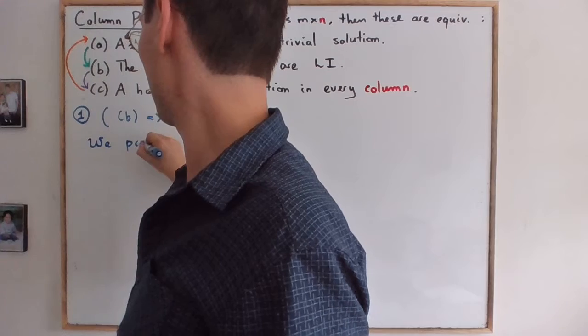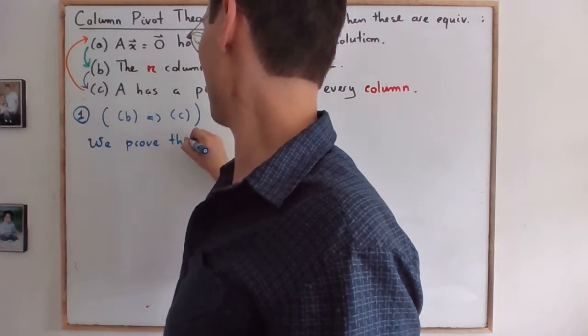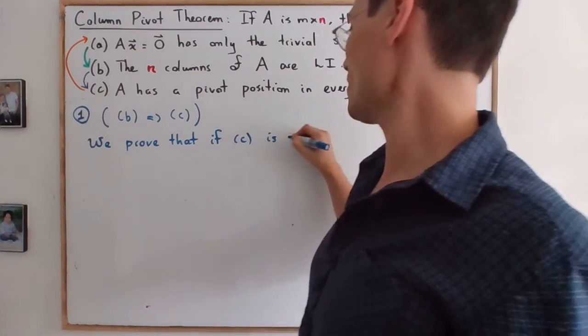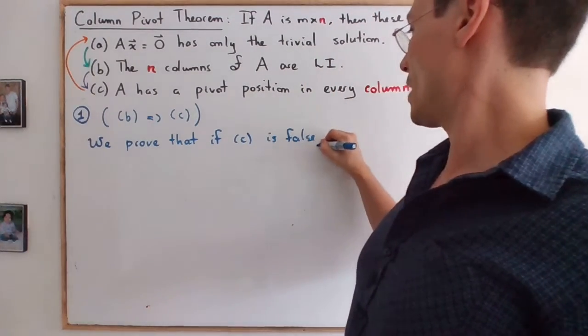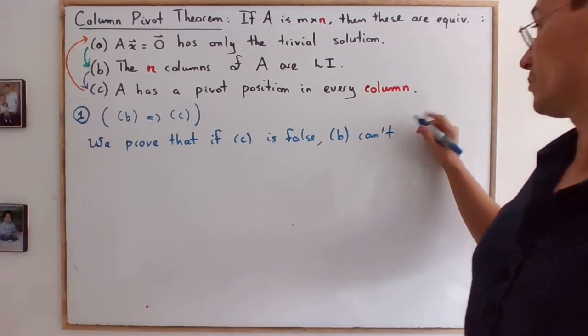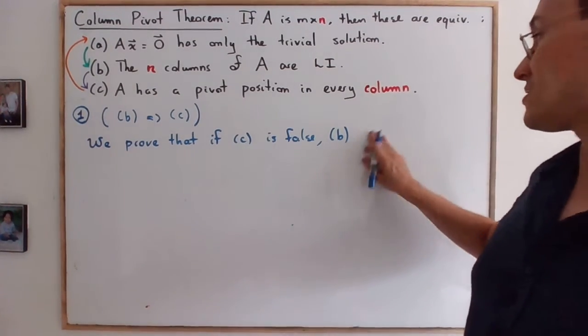We prove that if C is false, B can't be true. B is also false.